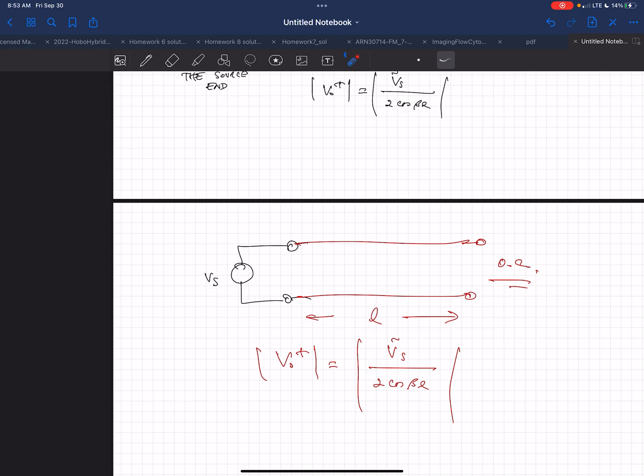So a very, very simplified case. In a general case, this will have a source resistance, and you might have any kind of load impedance here. So in this very specialized case, this is the voltage value that I'm outputting into the transmission line.